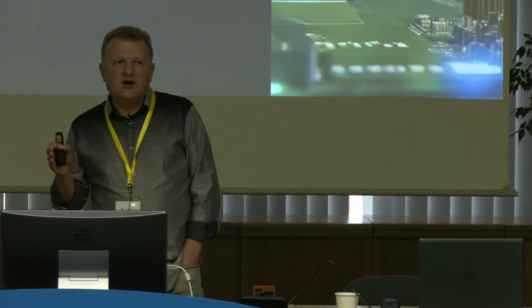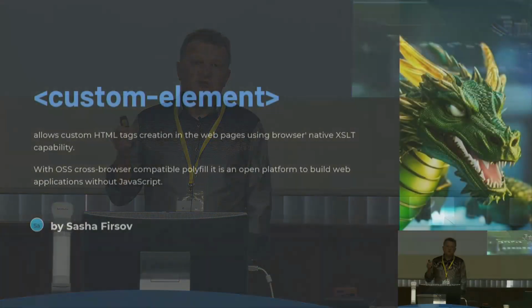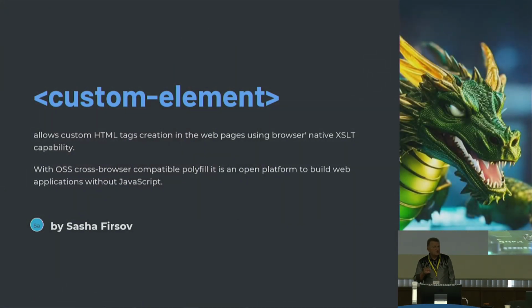So when people came to me 2 years ago, well, in our group, I'm a member of the W3C Web Components group, and we've been asking for volunteers to pick up the declarative custom elements.